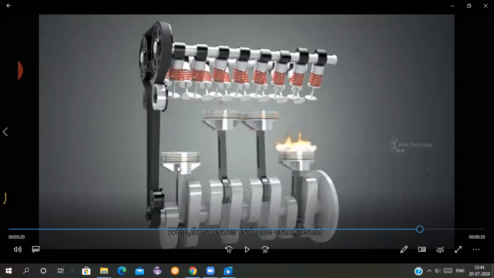That is why it is called the power stroke, because the piston is pushed down and that power is utilized to rotate the crankshaft. In the other three strokes, the other pistons are working and getting power, and through the connecting rod they are trying to rotate the crankshaft.